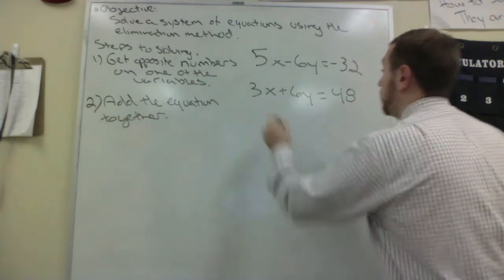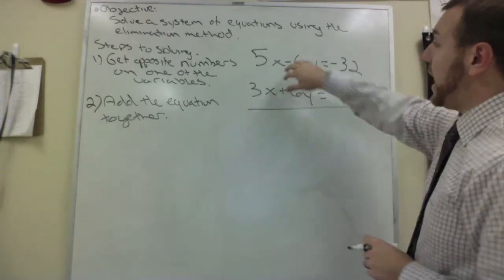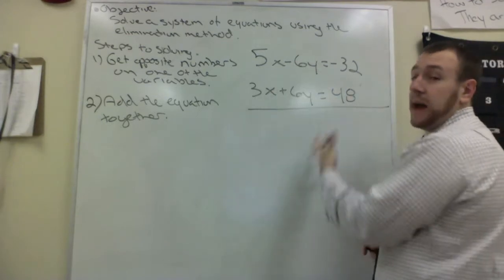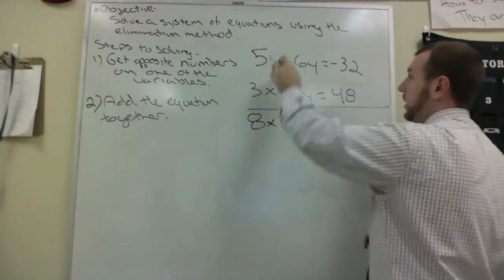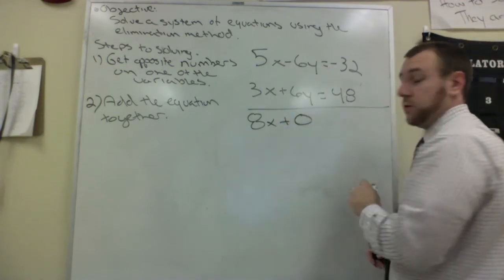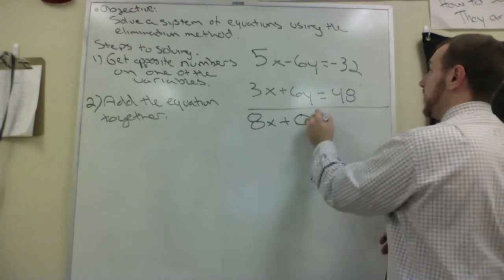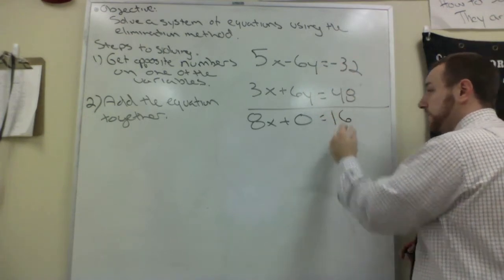Okay? Step 2. So in example 1, all I'm going to do is add these together. So I add like terms. 5x plus 3x is 8x, -6y plus 6y is 0, no y's anymore, equals -32 plus 48, that's 16.